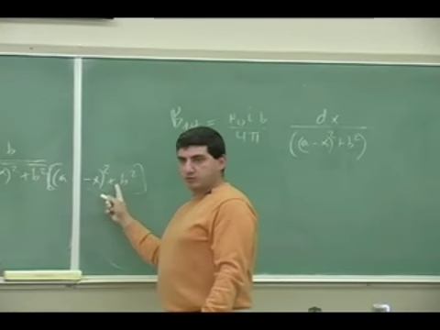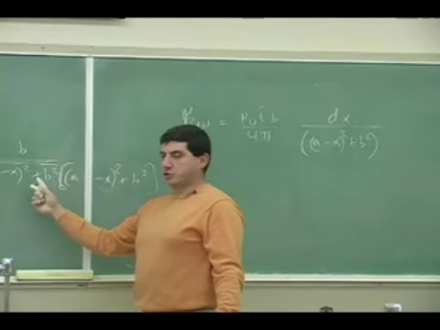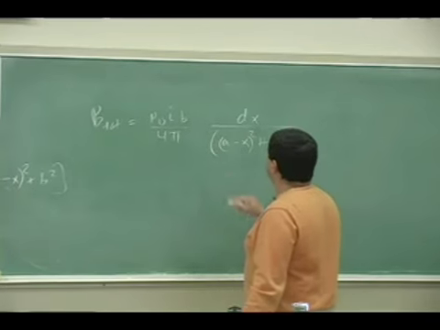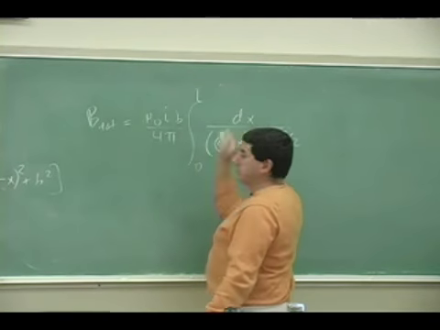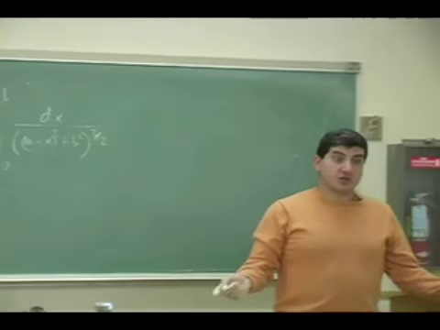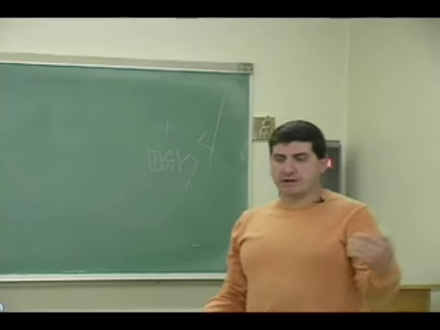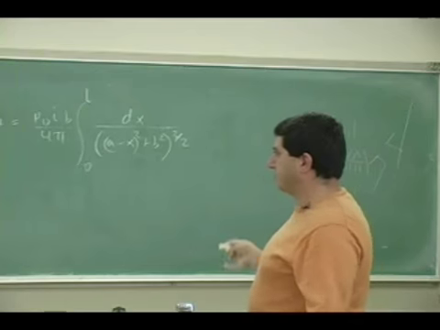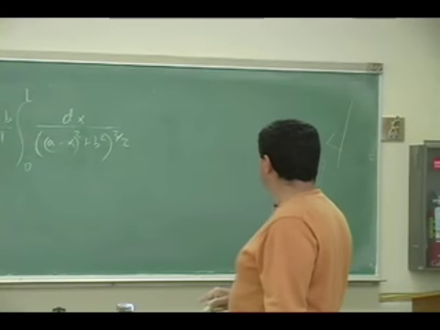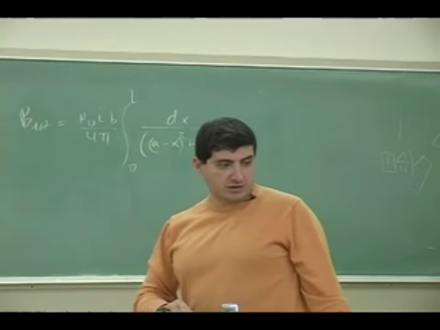I have a complete number 1 and then the power of 1/2, so that's power 3/2. Integral from 0 to L. Now, if there were numbers given in the problem, then we could do a definite one. This one is just a general variable, so we're going to have to do an indefinite integral.